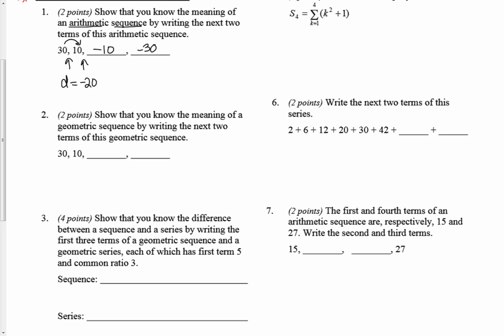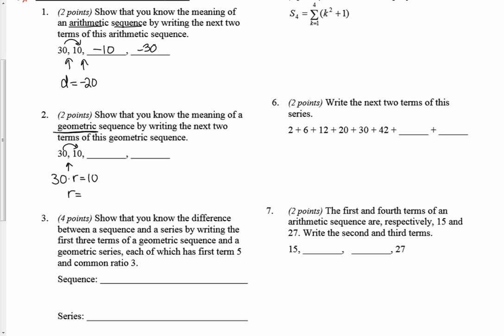Question number 2 says show that you know the meaning of a geometric sequence by writing the next two terms of this geometric sequence. Again, it has commas, which means it's a sequence. And then when you look at it to start off, the first two terms are exactly the same. So we've got to recognize that in order to be geometric, I have to multiply by a common ratio every time. So 30 times the common ratio has to equal 10.